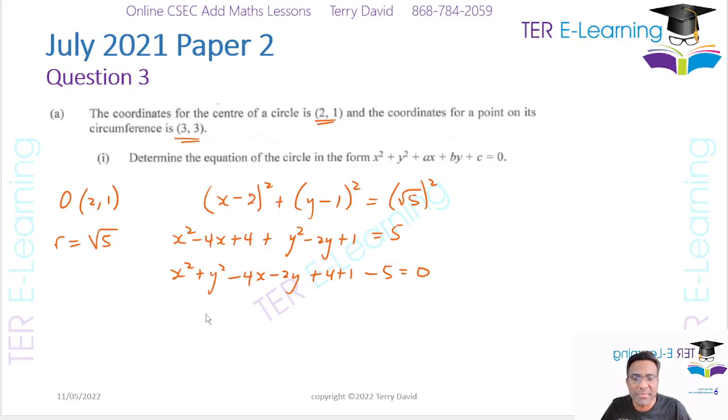So let's simplify this. So this is going to be x squared plus y squared minus 4x minus 2y. 4 and 1 is 5, 5 minus 5 is 0, so this is equal to 0. So this here is the equation of my circle. So that's part A.